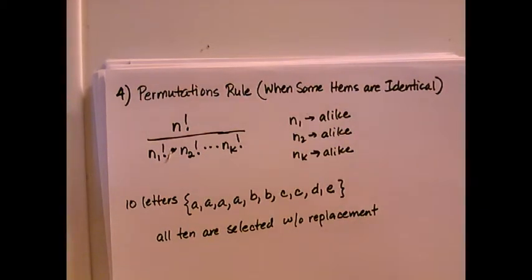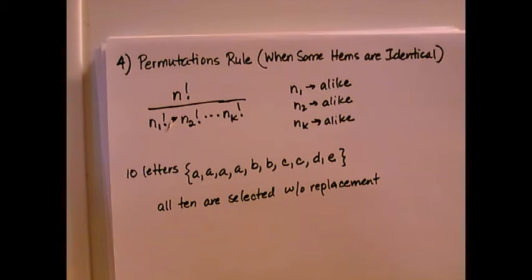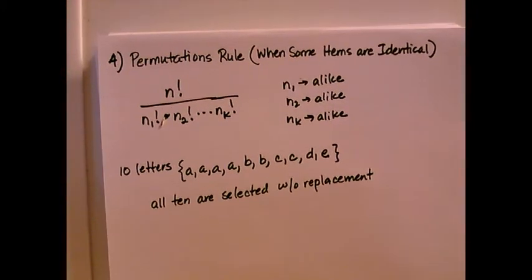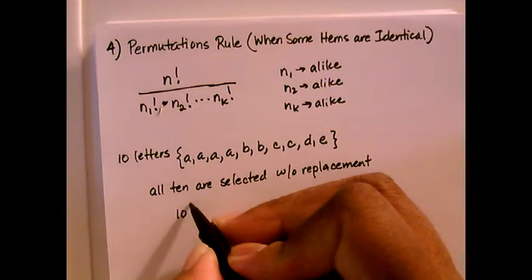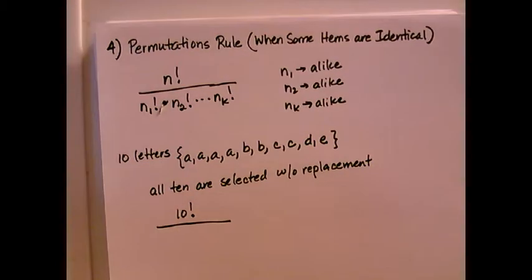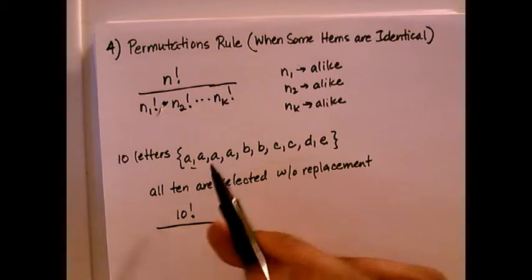Now in this case here, we will use that permutations rule where some of the items are identical to each other. So in this case here, your numerator would be the n, which is your 10 factorial because there are 10 items. Now, there are 4 A's in this set of 10 letters.